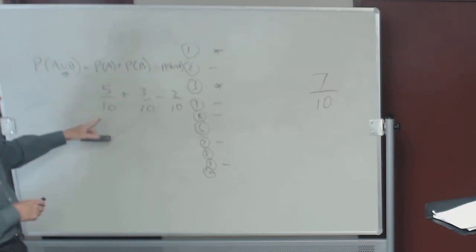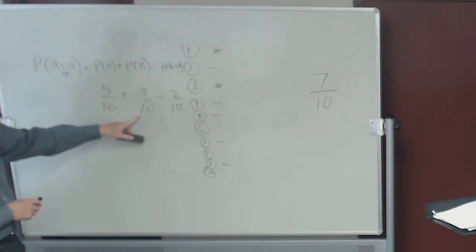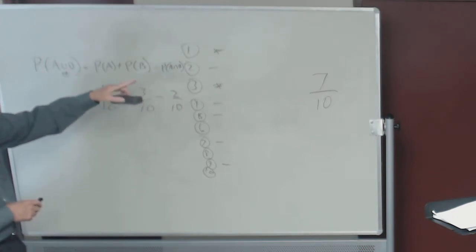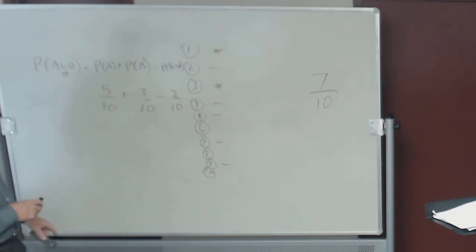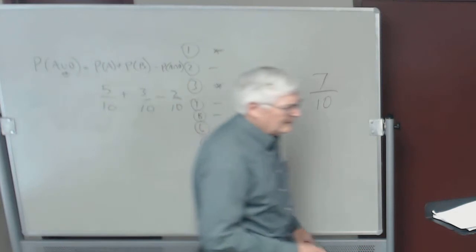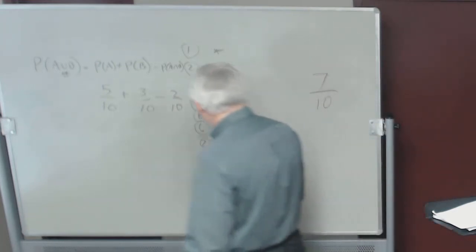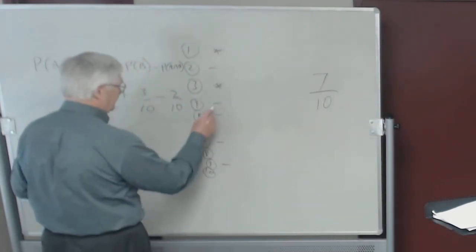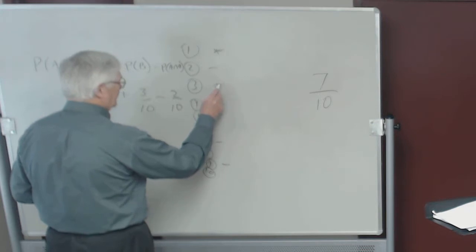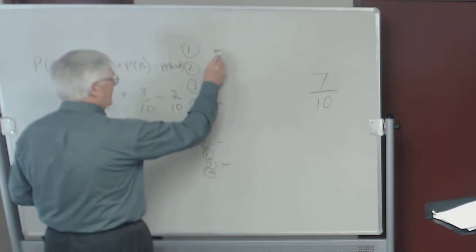Out of 10 plus 3 out of 10 minus 2 out of 10. What did they say? Less than 5. So that's 4, 3, 2, 1.